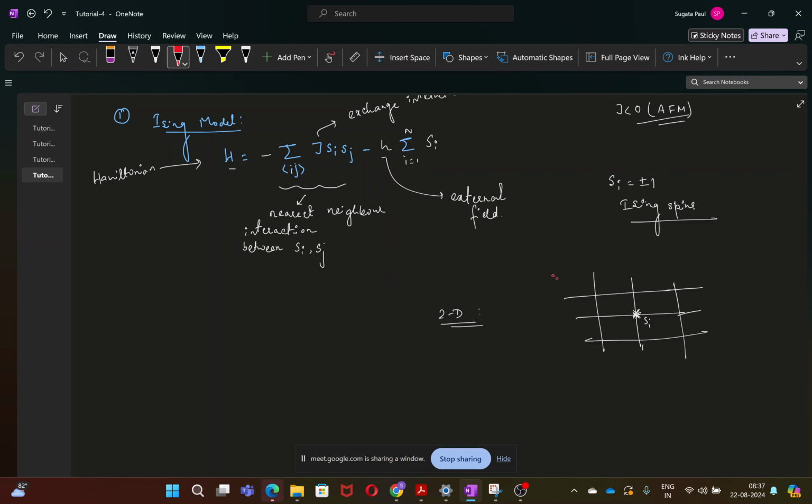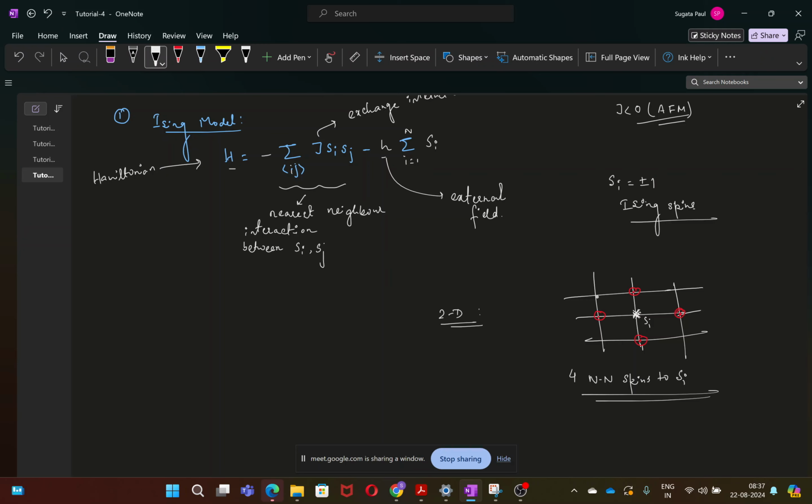So the nearest neighbor spins for Si will be sitting here, here, here, and here. So these four will be the nearest neighbor spins corresponding to this position of Si. So 4 nearest neighbors, I am abbreviating it as n-n. So 4 nearest neighbor spins to Si, and these 4 spins will actually contribute to the exchange interaction with a strength of J for Si, right?